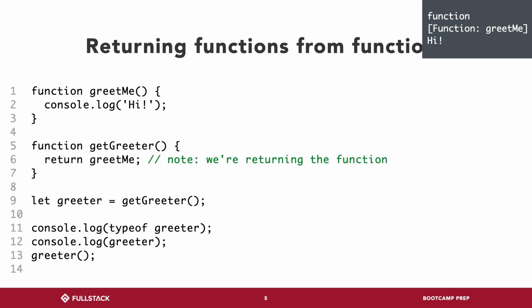So greeter is now set to the return value of this, which is this. Greeter is now this, pretty much. So if you console log typeof greeter, console log greeter, invoke greeter, you get function, greet me, and hi.